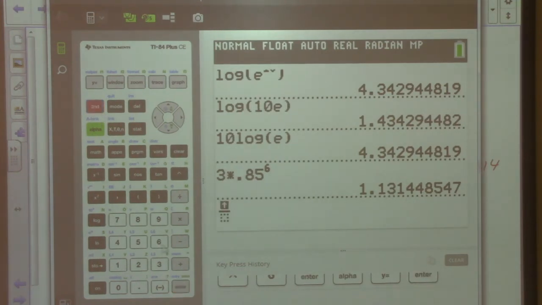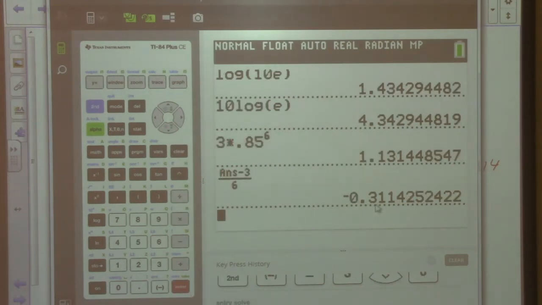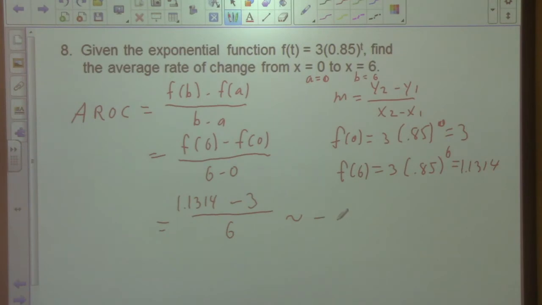So I put second ANS, subtract out 3 and divide that by 6. So we get negative 0.3114. So that's what it's going to be.